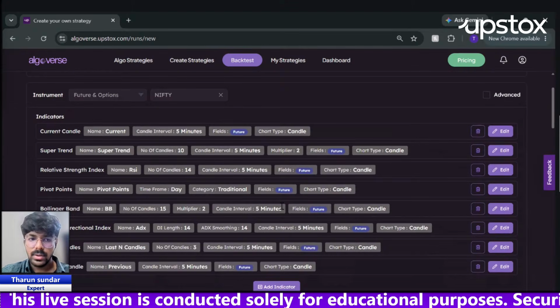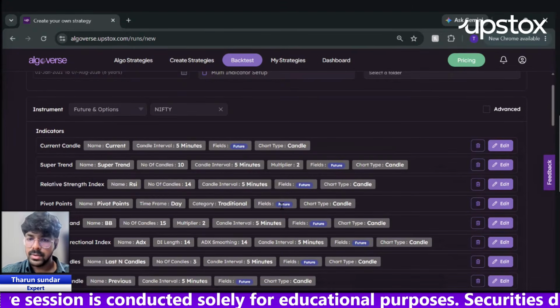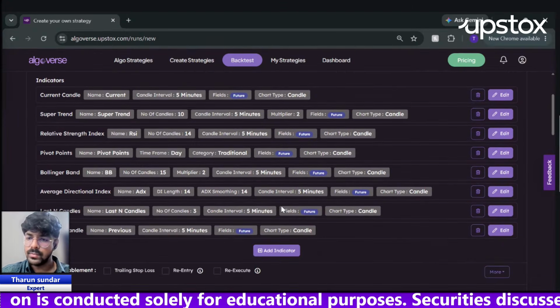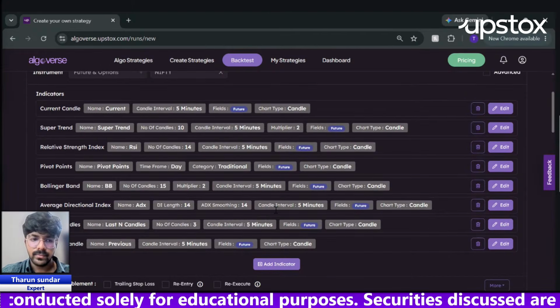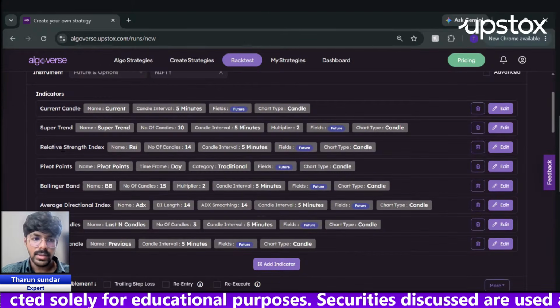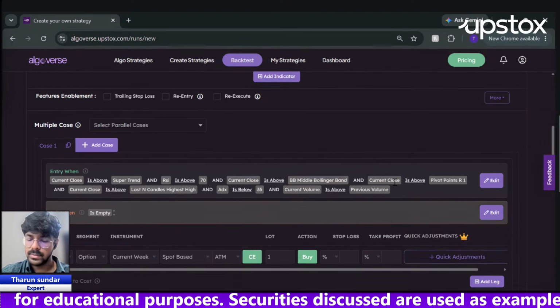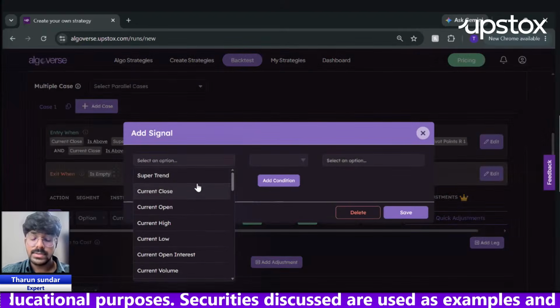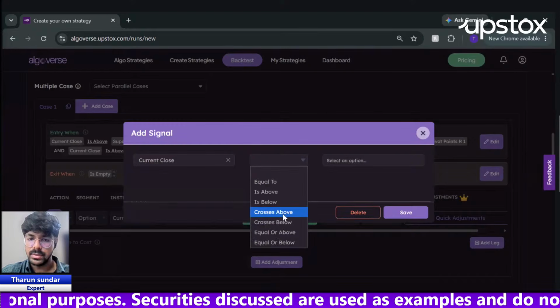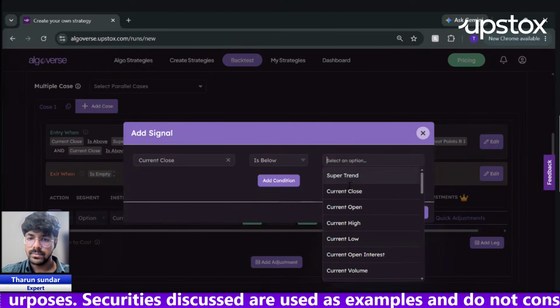And this is to show you how many entry logics or entry conditions we can automate in Algoverse. I've added close to eight indicators, and I've added all of them in the entry condition. For the exit, let's keep it simple with a simple Supertrend.